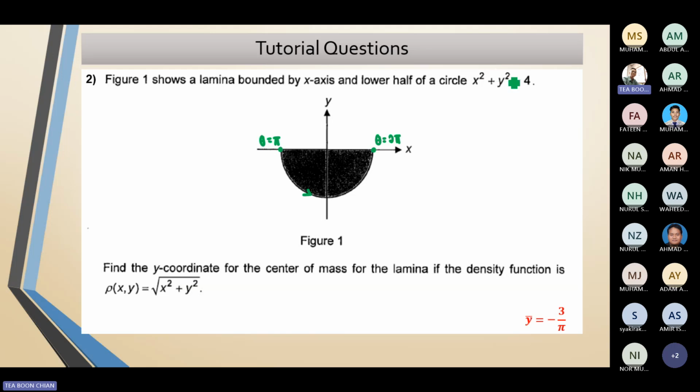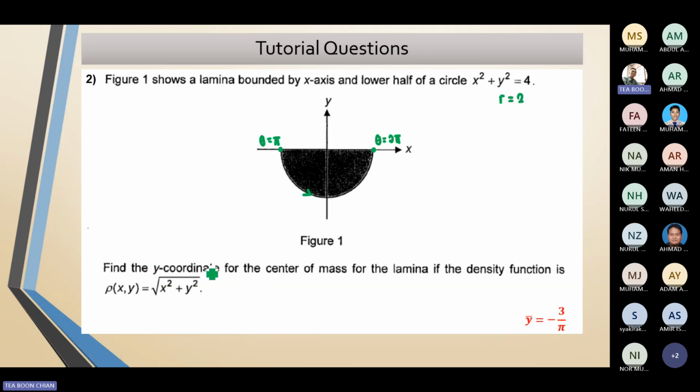Second, x squared plus y squared equals 4, so you should be able to convince yourself the radius equals 2. If you can get these two ideas, you can proceed to compute the mass of lamina and center of mass easily.